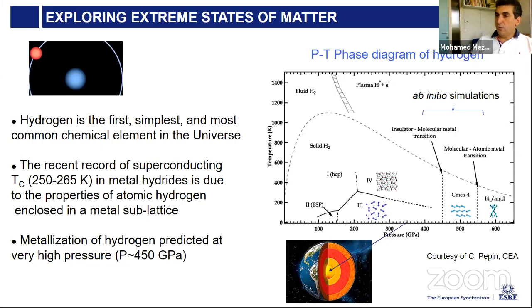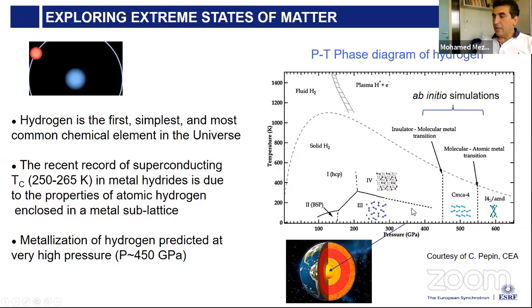But today I will tell you a bit more about a very old story, the so-called Grail of high pressure physics, which is the possibility to metallize hydrogen. I can illustrate this. If you look at the pressure-temperature phase diagram of hydrogen here, hydrogen has a rather complex solid polymorphism in this region up to 300 GPa.